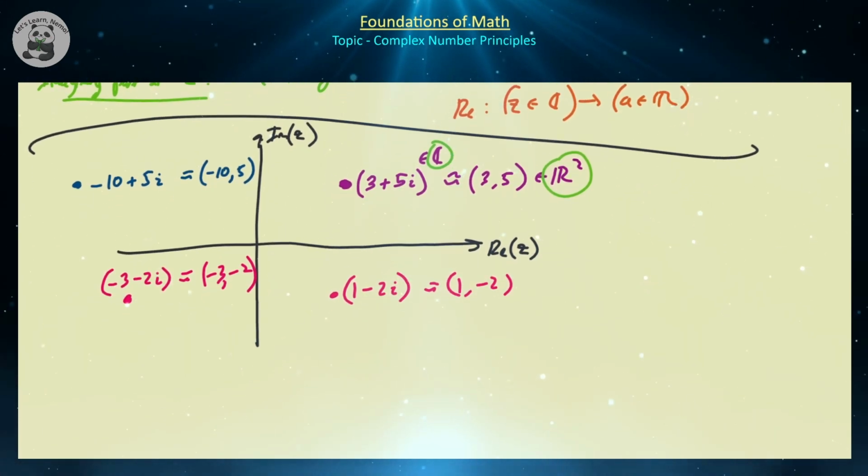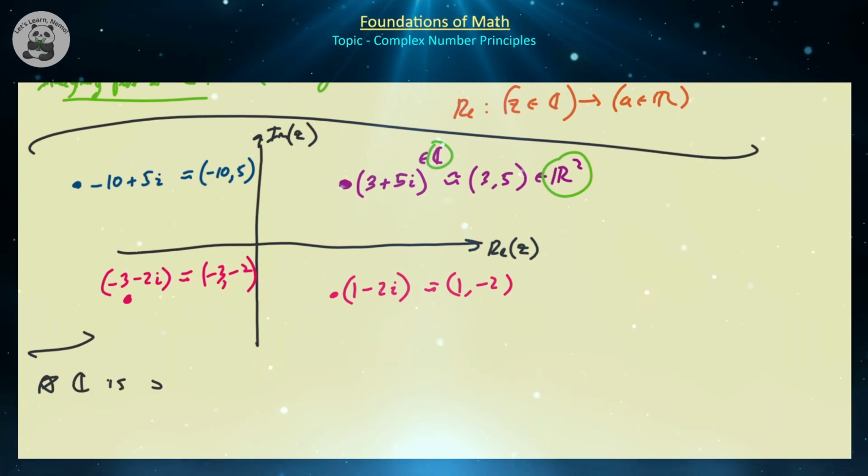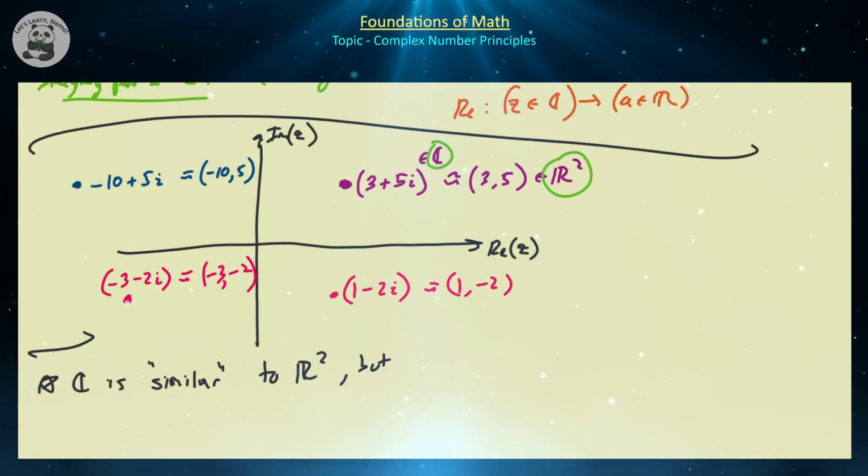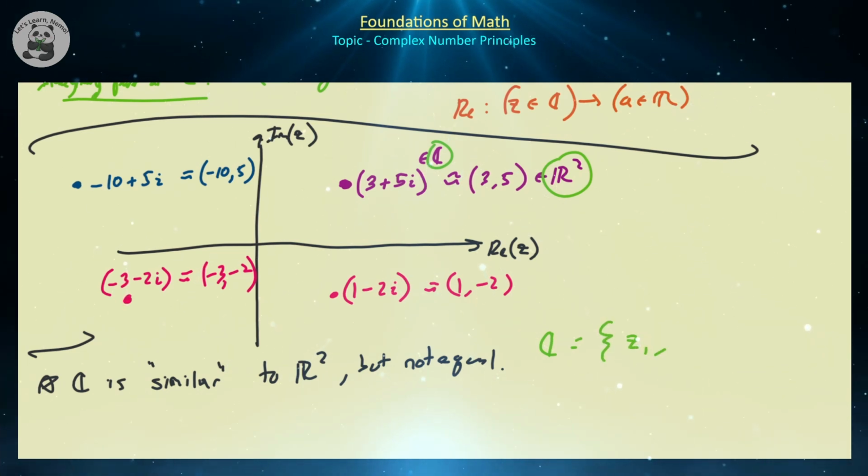But it's important to note, as I've already mentioned, that C is similar to R2, but not equal to, because C is a set of numbers like z1, z2, z3, and so on.